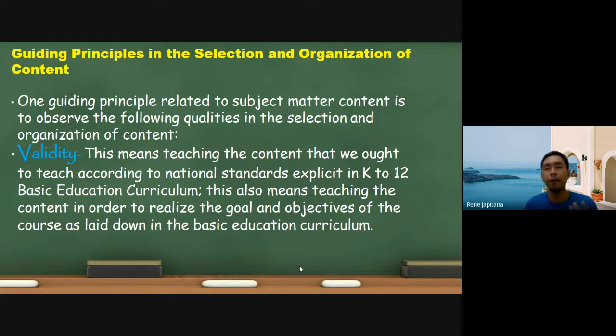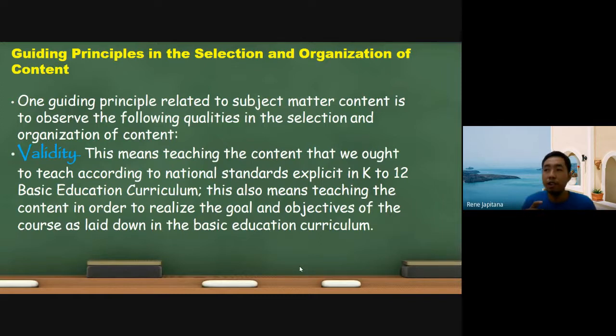The purpose of the MELC is to serve as a guide in the content, objectives, and goals of a certain subject. That will help us lay down the basic competencies that we want to teach to our learners. So, validity: are the things that we are going to teach anchored with the national standards of the K to 12 curriculum, the content standards and the performance standards?